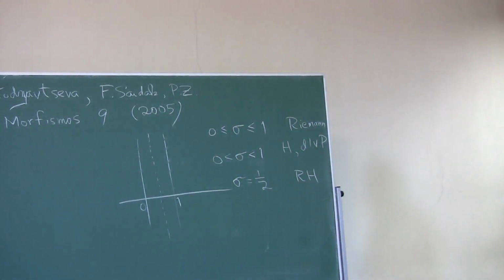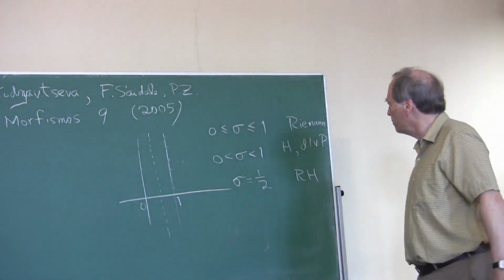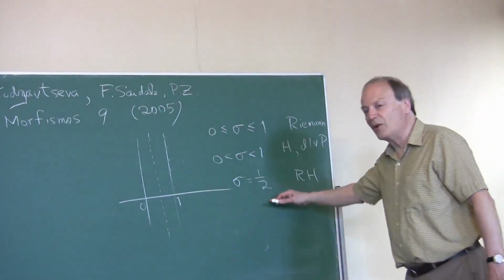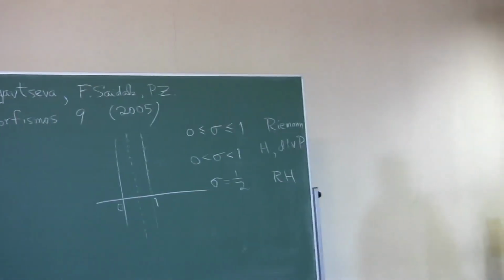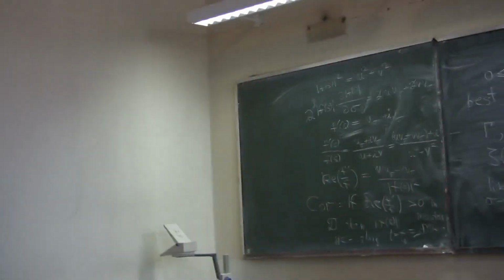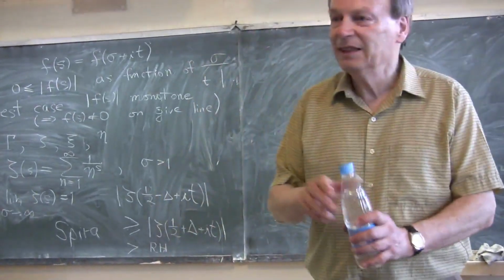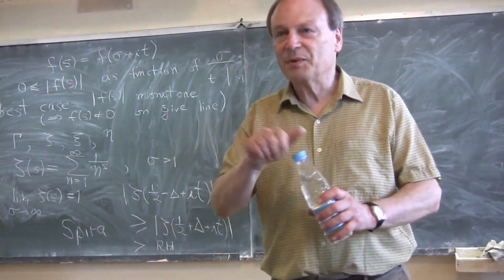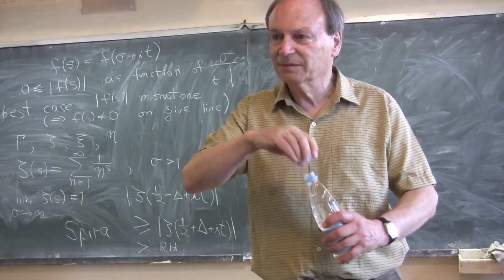So the Riemann zeta function and its zeros are very closely related to the distribution of primes. I don't think I can go into that in this talk. I want to talk about some other things, but I hope that answers a little bit of the question. Well, we know something.